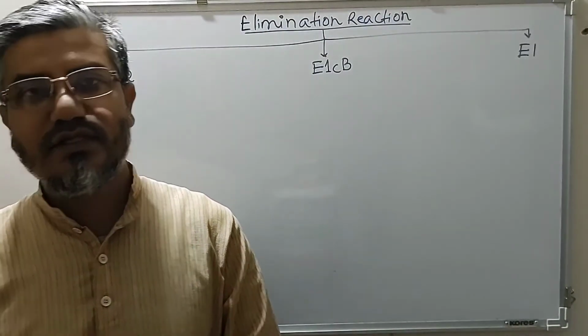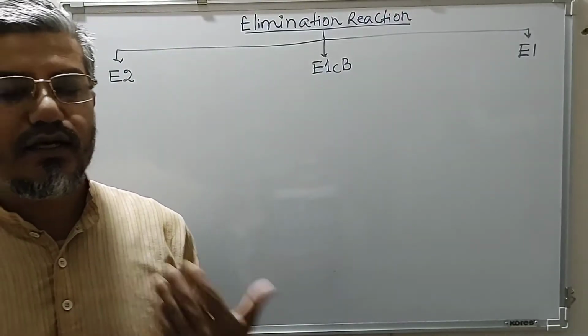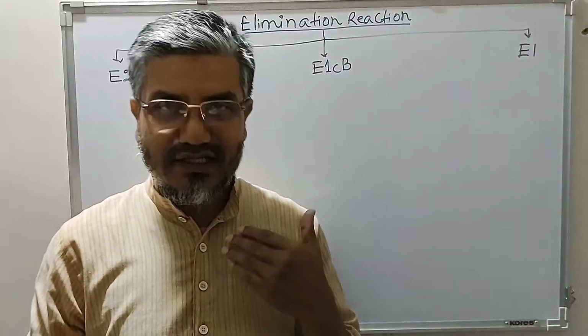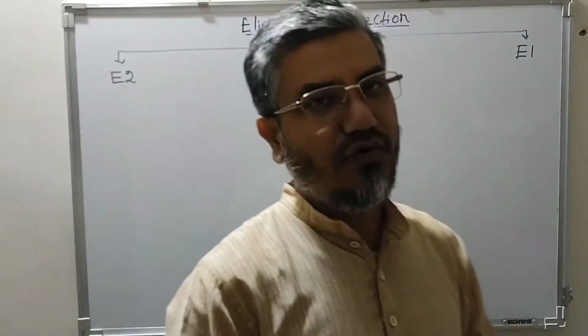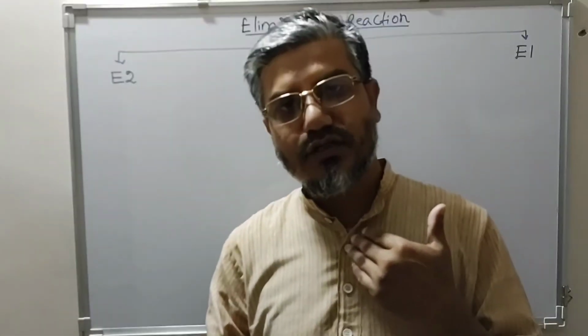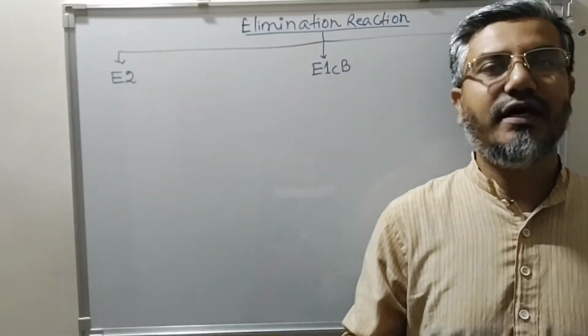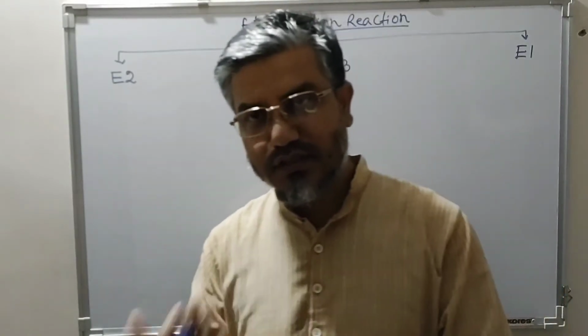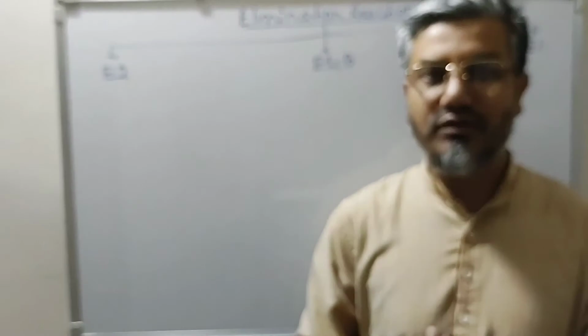So there are possibilities that both carbon-hydrogen and carbon-halogen bonds break simultaneously in a concerted state. Or the second possibility is the carbon-hydrogen bond breaks first, followed by breaking of the carbon-halogen bond. Or the third possibility is the carbon-halogen bond breaks first, followed by the carbon-hydrogen bond.